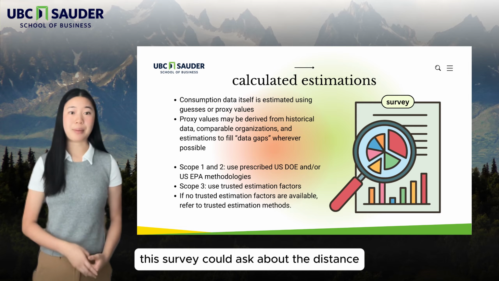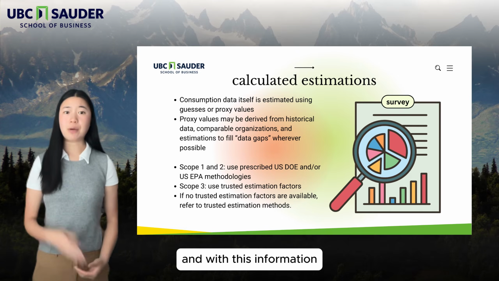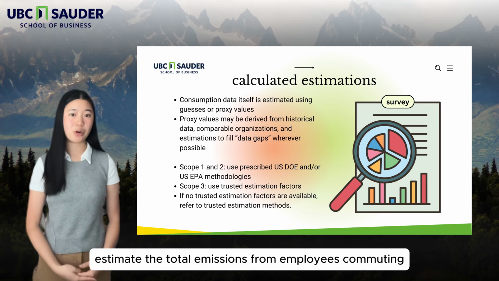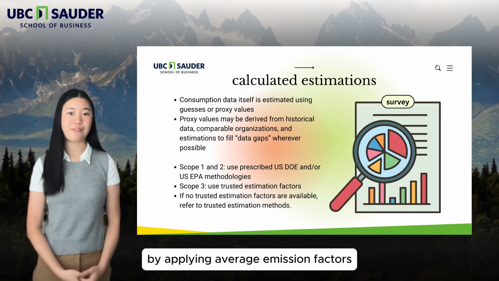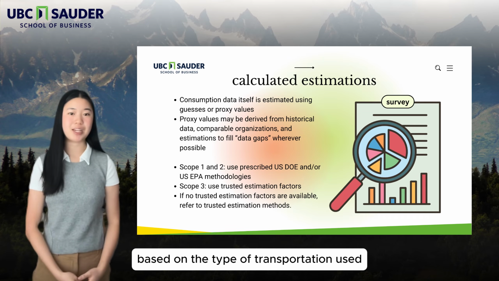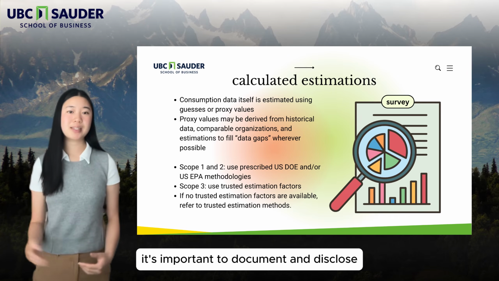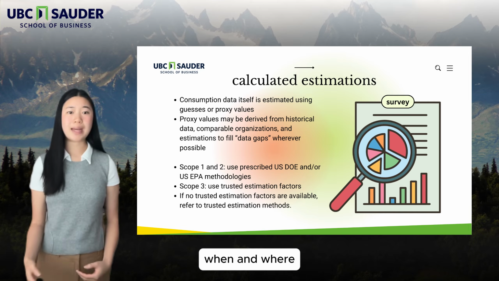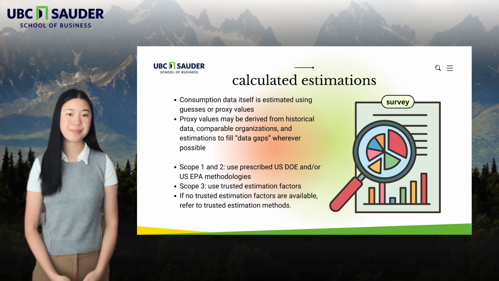This survey could ask about the distance traveled, frequency, and mode of transportation. With this information, you can estimate the total emissions from employee commuting by applying average emission factors based on the type of transportation used, like car, public transit, or bicycle. It's important to document and disclose when and where estimates are used in your greenhouse gas inventory.